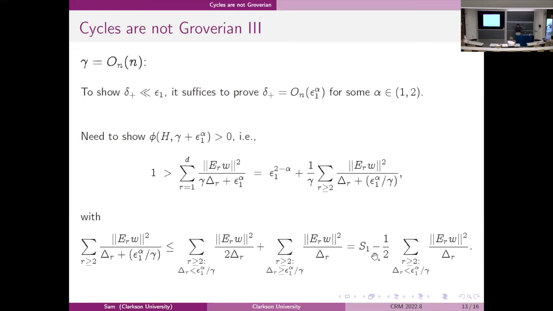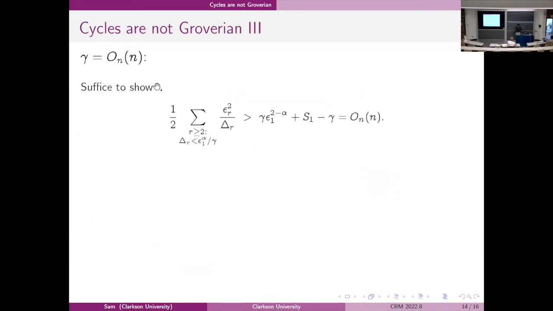So it becomes S1 minus 1/2 of this term here. This term is exactly the same as the first term. So it suffices to prove that if I plug in the upper bound to this inequality and it still holds, then I can say the characteristic polynomial is bigger than 0.